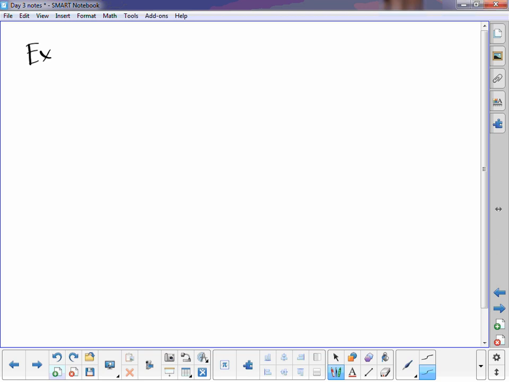Alright, so let's say our function is f of x equals 5x to the 4th minus 12x cubed plus 16x squared minus x plus 1. So that's our function. That's not something fun to do by hand when we have decimals.